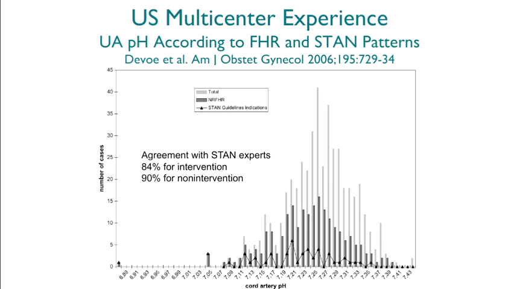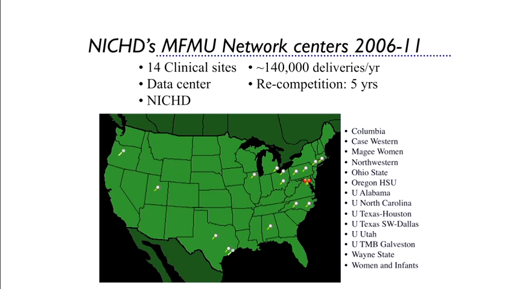Again, this is not a randomized study, and it's not possible to use it to determine whether it will be beneficial or not, but it gives us some indication that at least in the normal range pHs, the STAN guidelines will have fewer false positives than regular fetal heart rate monitoring.